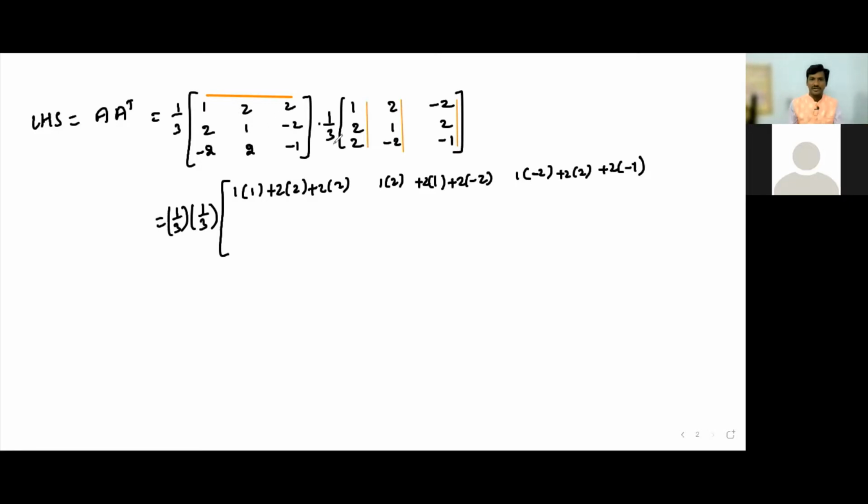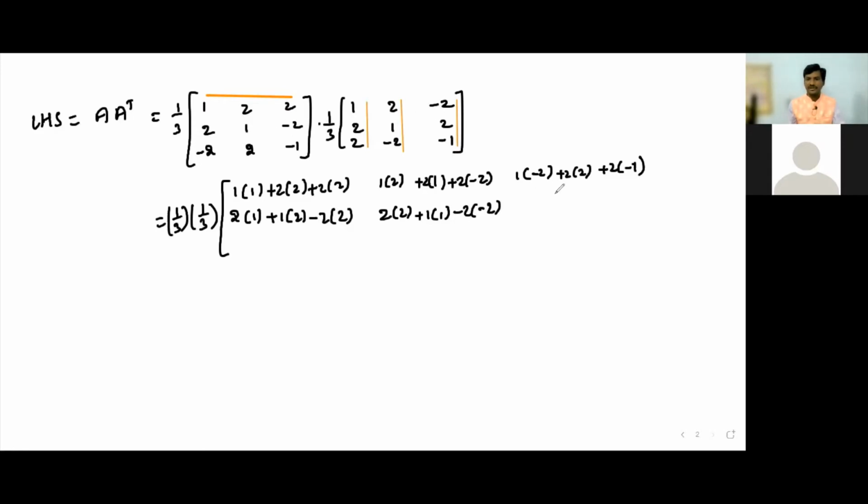Next, second row with first column, 2 into 1 plus 1 into 2 plus minus 2 into 2. Second row with second column, 2 into 2, 1 into 1 minus 2 into minus 2.